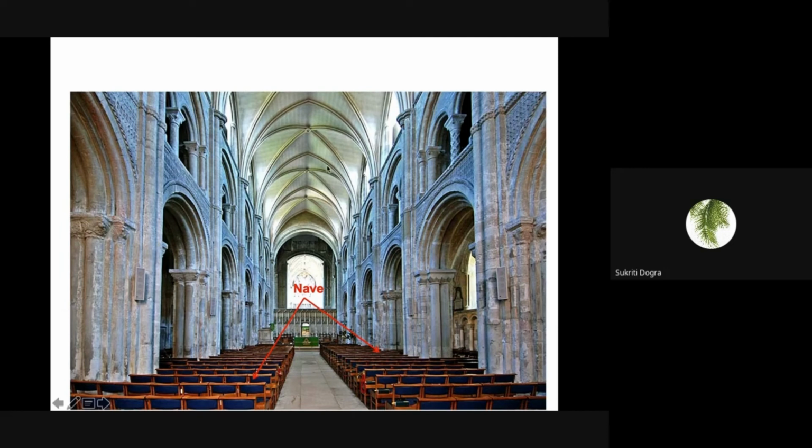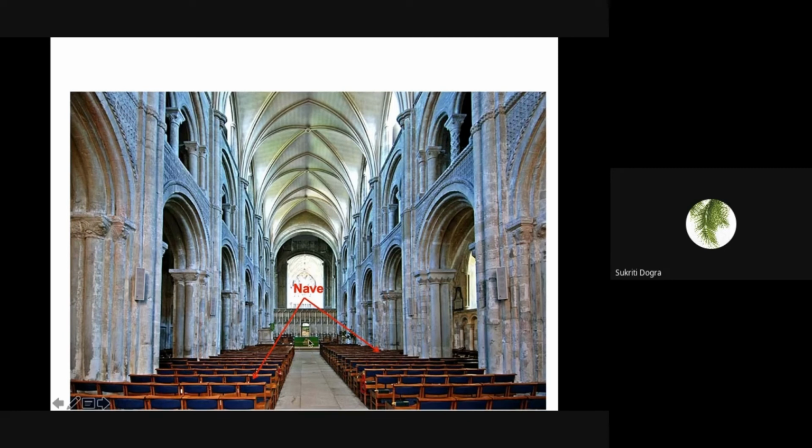Now just have a look at the roof. This cross is what I was representing in the plan. This cross is actually called a vault. So the same kind of roof is above your nave, and this vaulted roof or ceiling is again above your side aisles area.